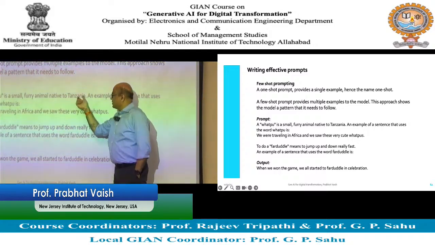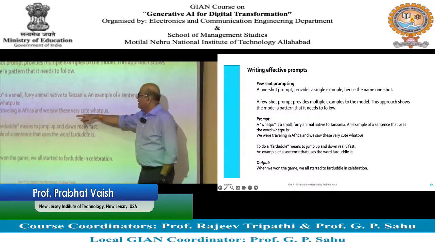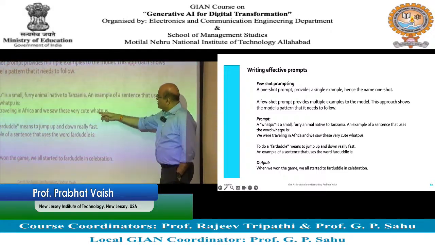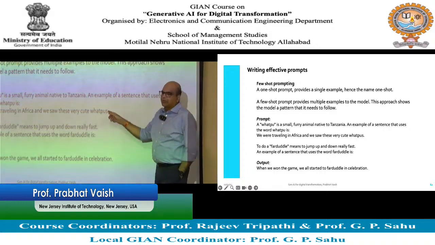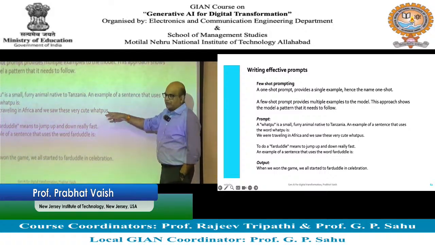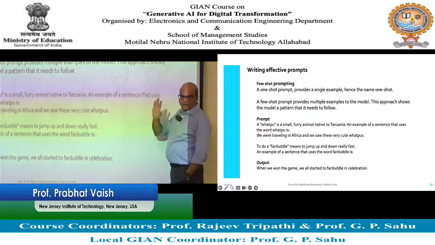It's connecting because the model knows that Tanzania is in Africa. And we saw these very cute whatpoos. If there was no supervised learning, there is no English word called whatpoo. If the model is determining that this is a correct word and a correct use of this word, that must be coming from this learning.